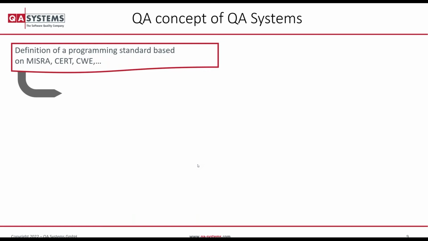Sometimes you don't need portability because this will not be ported anyhow. So therefore make an audit and define a subset of different rule sets from these common coding standards.